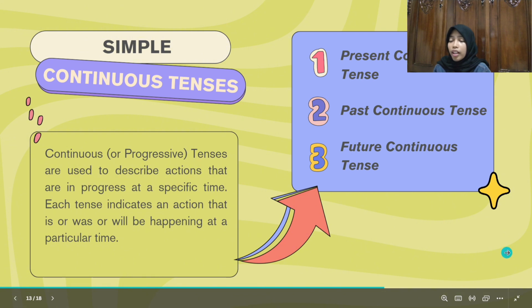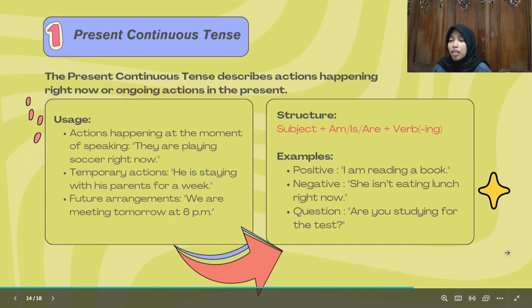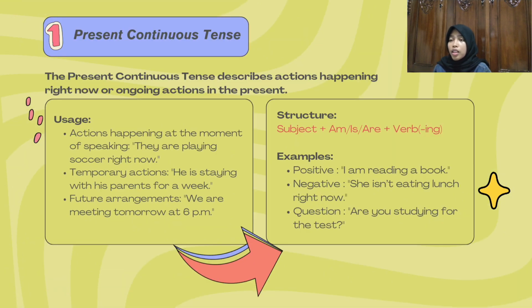Okay, I can tell the first of continuous tense is present continuous tense. In present continuous tense, they describe action happening right now or ongoing action in the present.